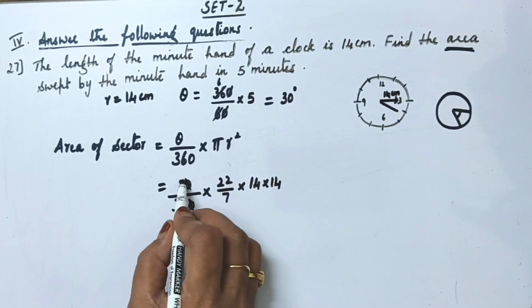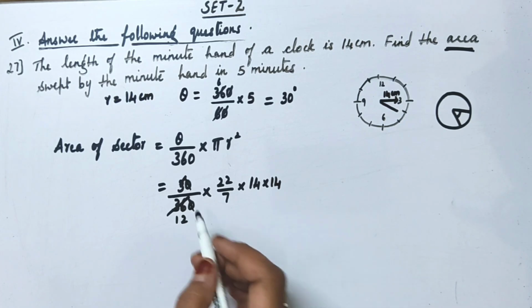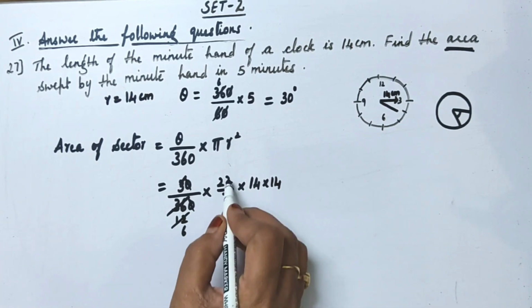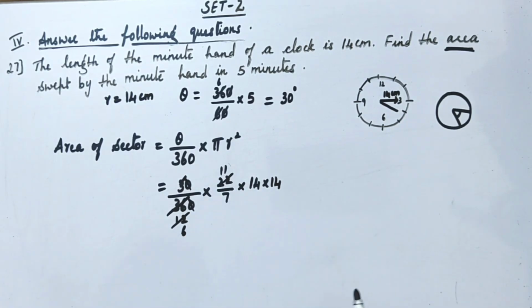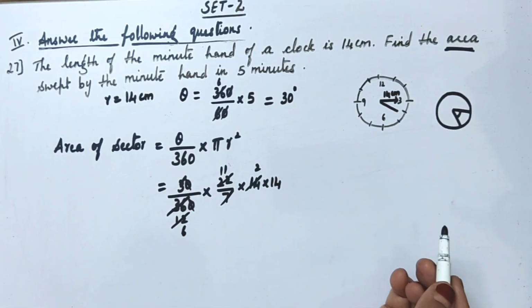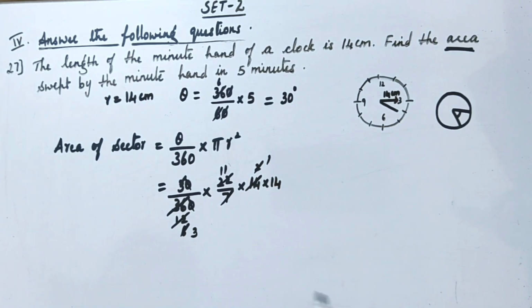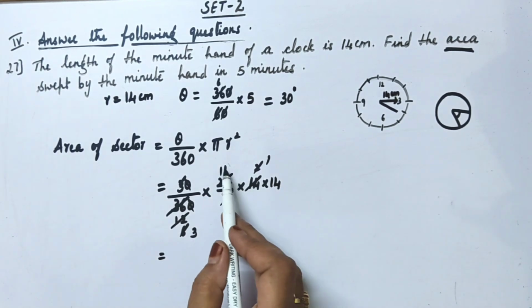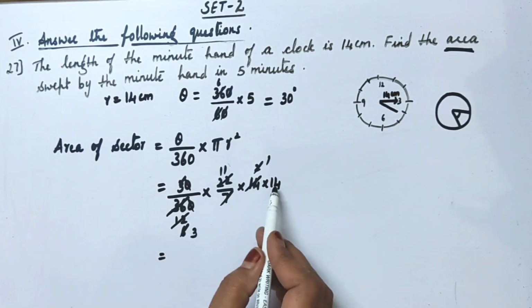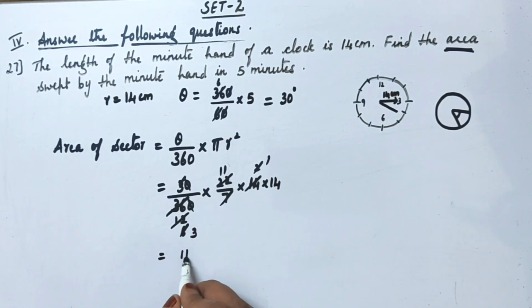0 0 gets cancelled. 3 1s are 3, 3 2s are 6. Then again 2 6s are 12, 2 1s are 2. Then 7 1s are 7, 7 2s are 14. 2 1s are 2, 2 3s are 6. Now when we multiply these two, 11 into 14, in the numerator only 11 into 14 is left. 11 into 14 upon 3.